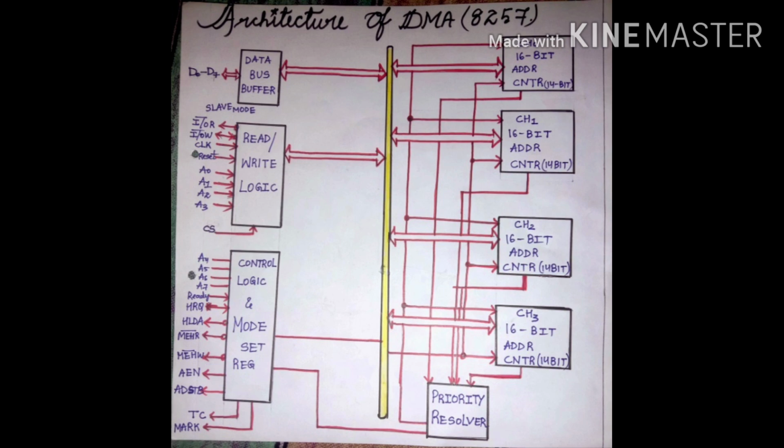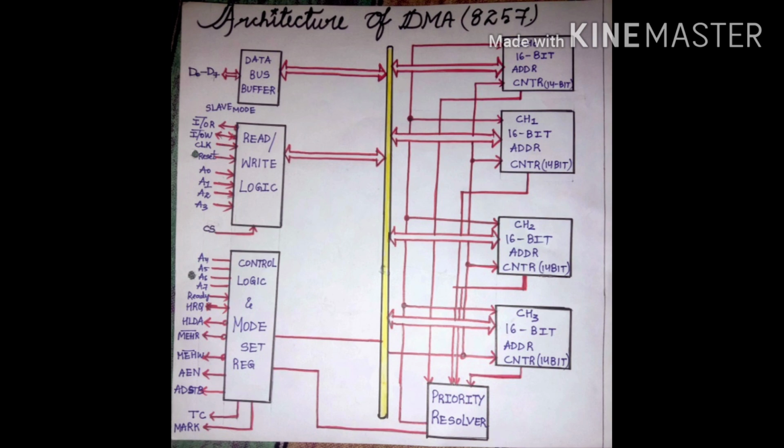Clock is required for the internal operations of 8257. Reset resets the DMA controller, meaning it disables all channels.